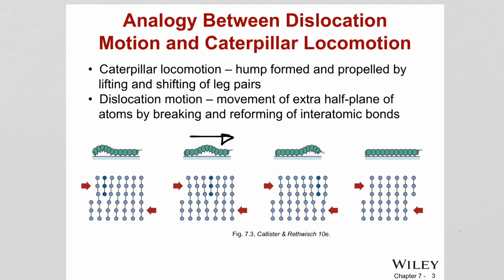So rather than taking all its legs off the floor, it only takes a small part of its legs, forming the hump, and then pushes that hump forward, and then it moves one atomic distance, or one step, okay, and continues to do that and keeps moving.